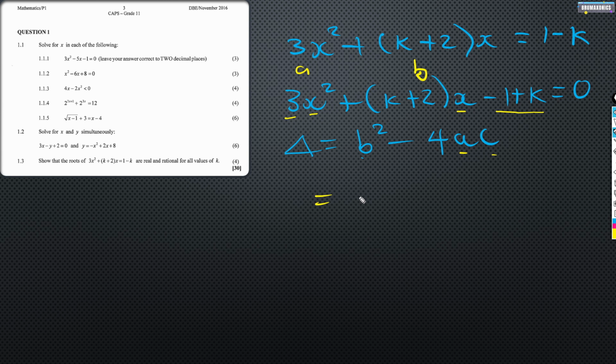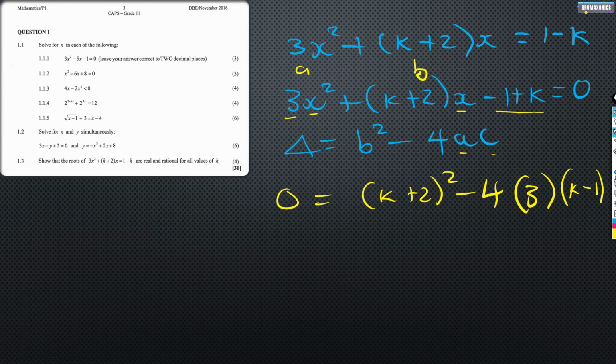So which is equal to, what is our b? k plus 2, then squared, minus 4, and then what is our a? That will be 3, and then what is our c? That will be, we can actually use k minus 1, like this.